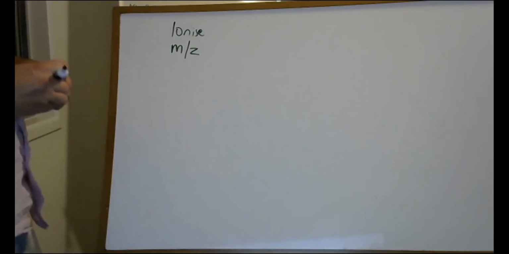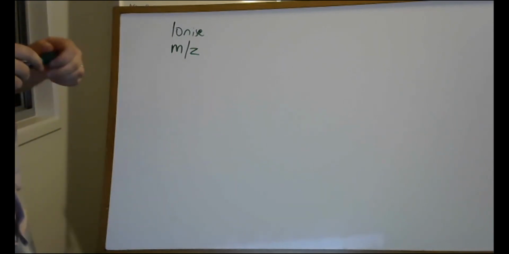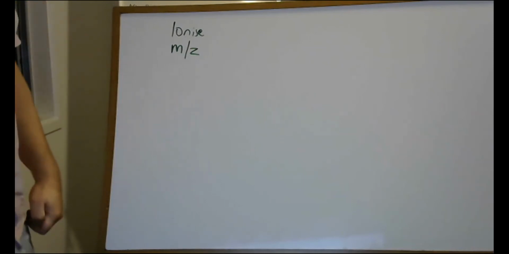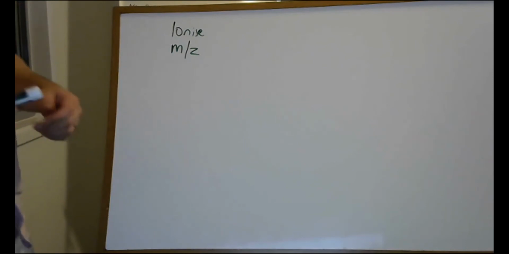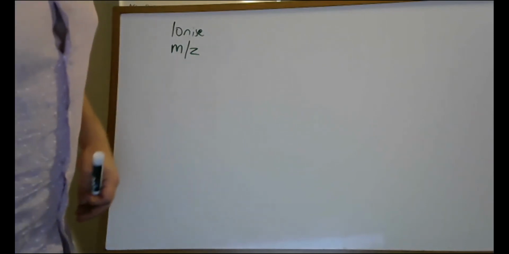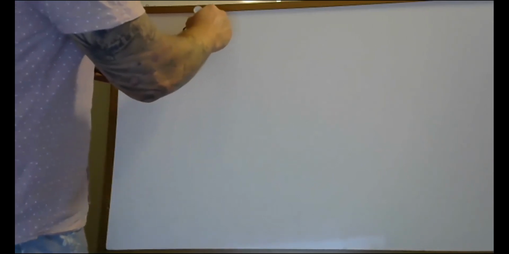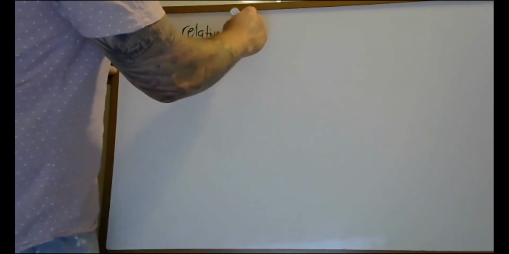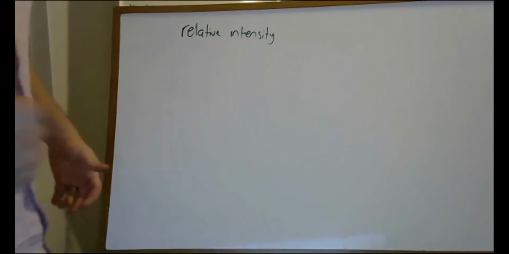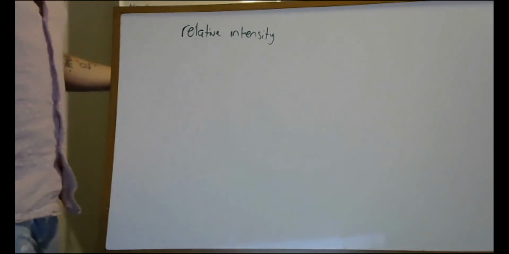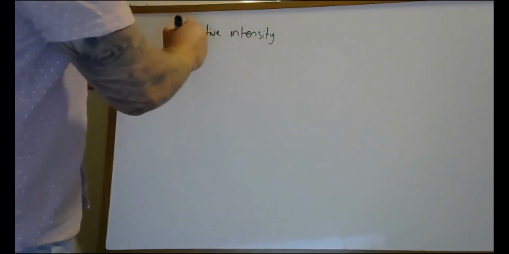And you get a mass spectrometry readout that tells you what you have. So the relative intensity out of 100, which tells you how much of something there is. Relative intensity is how much of it there is compared to everything else. And the mass to charge ratio.